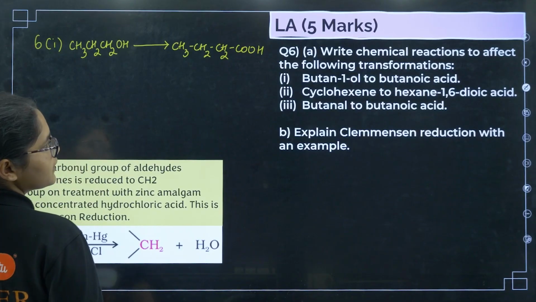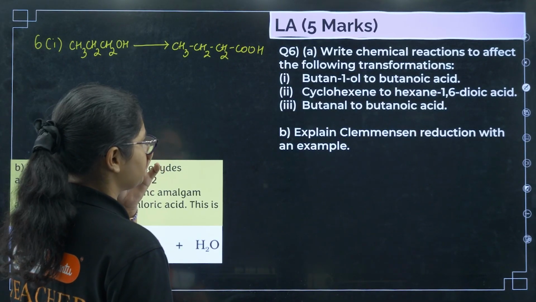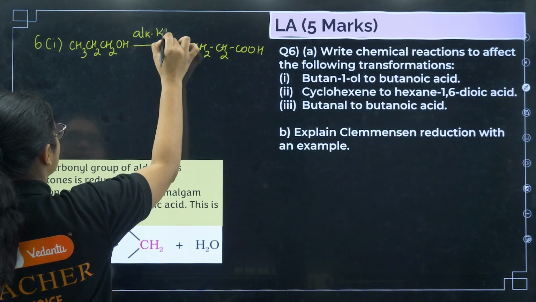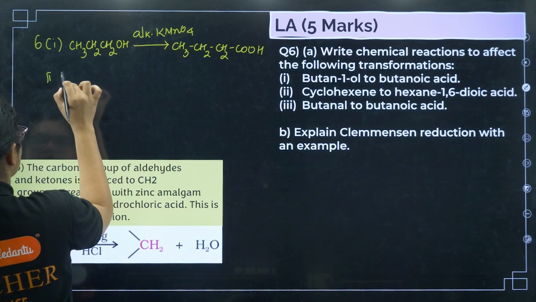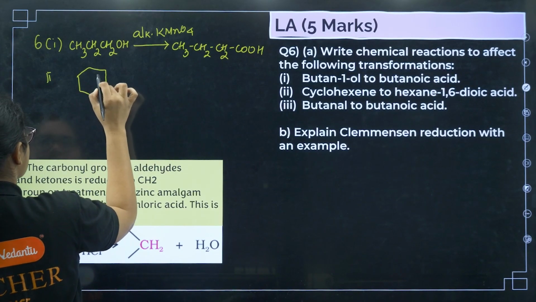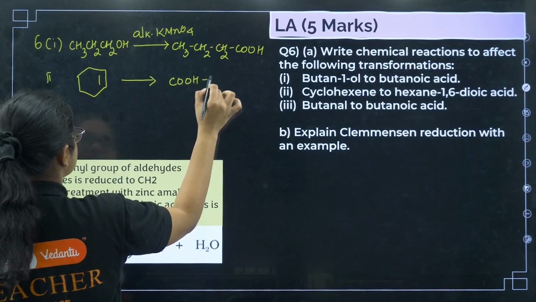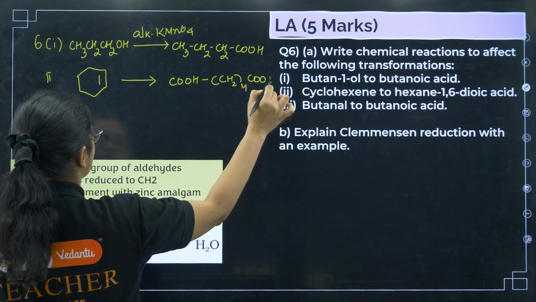The reagent will be alkaline KMnO4. Next, cyclohexene to hexanedioic acid, COOH (CH2)4 COOH.